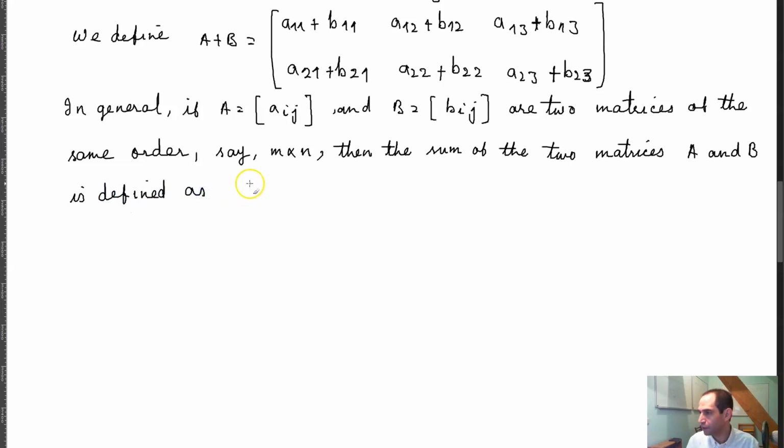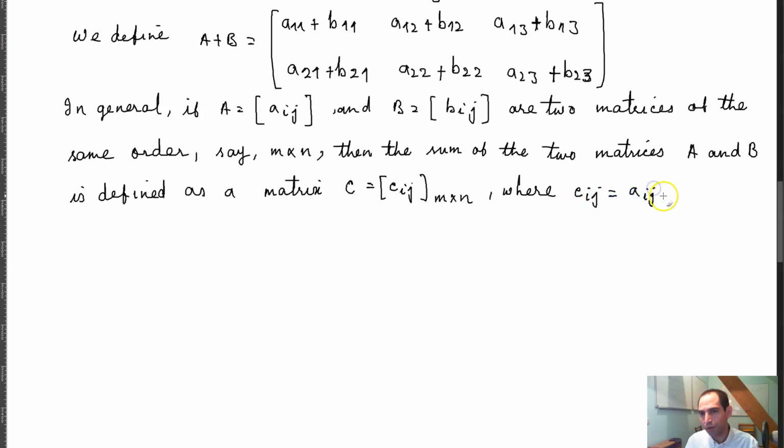as a matrix C of ij of the order m by n, where C of ij is equal to A of ij plus B of ij.